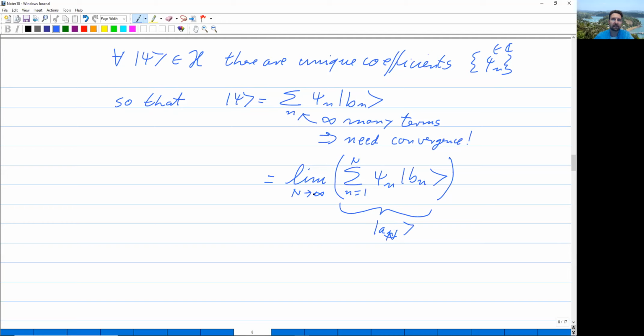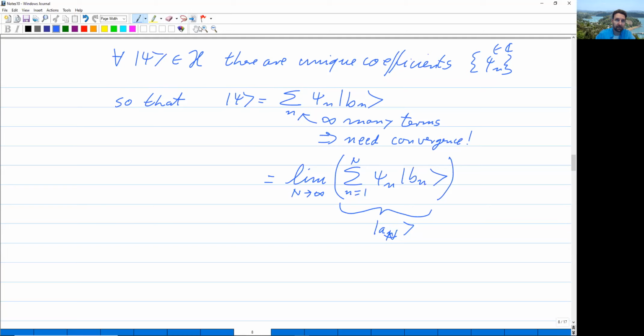This is the convergence in the sense of a sequence of vectors converging towards a vector in the Hilbert space. And if we hadn't guaranteed that our pre-Hilbert space is a Hilbert space, if we didn't have enforced completeness, then we could have that this sequence is a fundamental sequence and yet no vector psi here. So we don't want that.